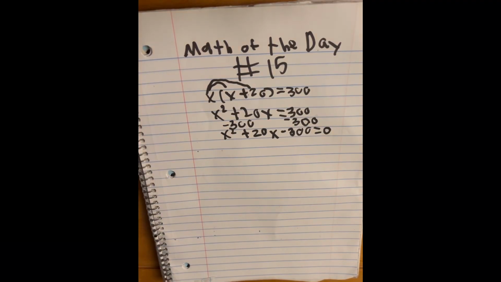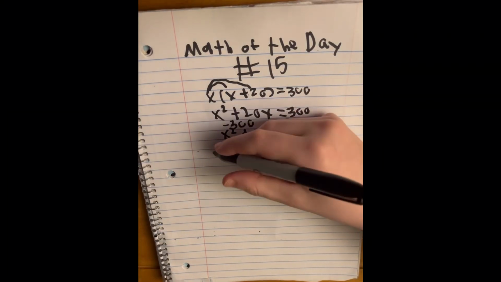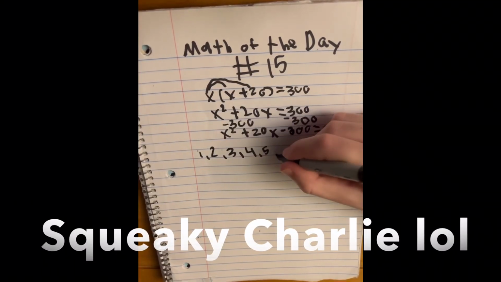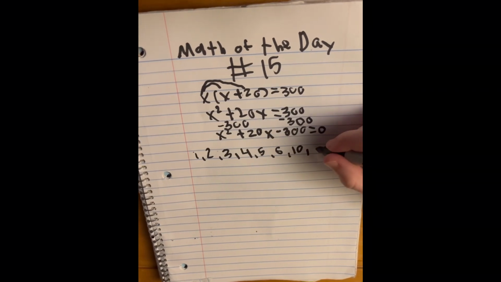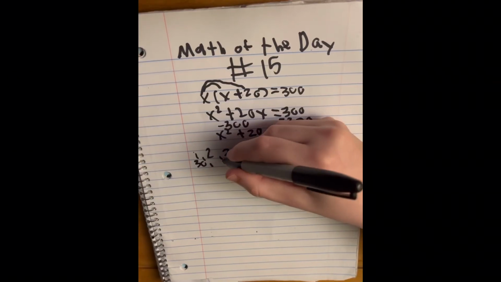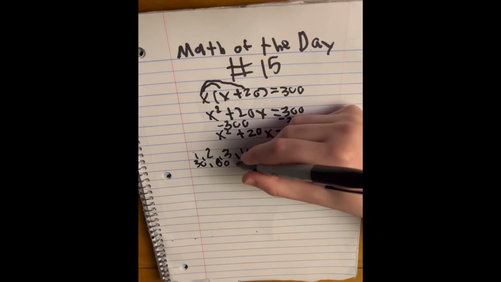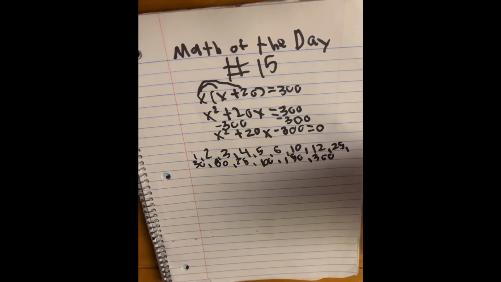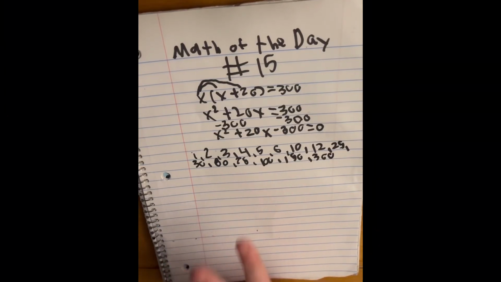A way we can do this is by listing the factors of 300, which are 75, 100, 150, and 300, along with the negative values of all of these.